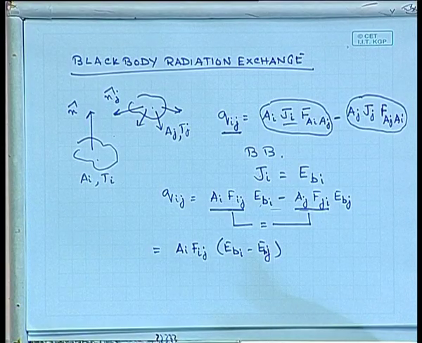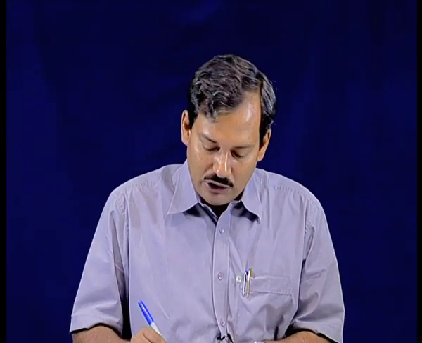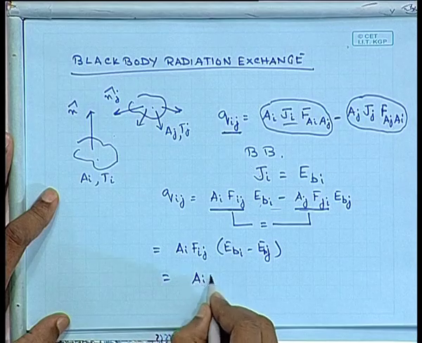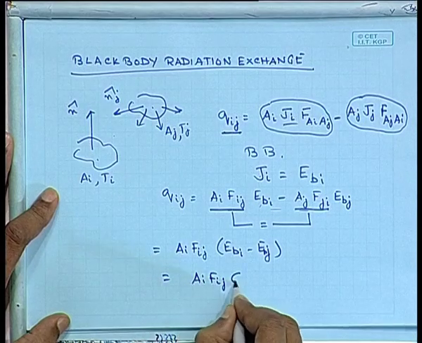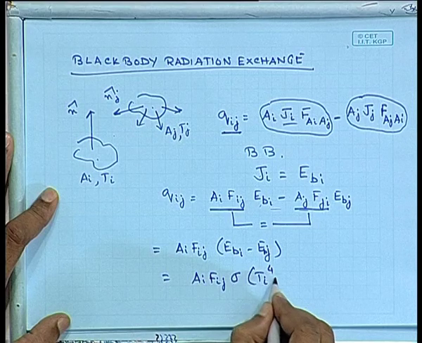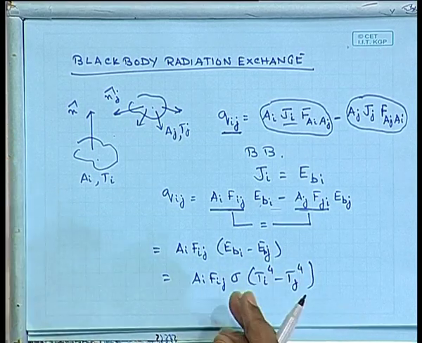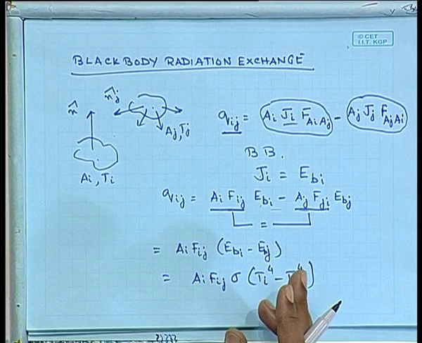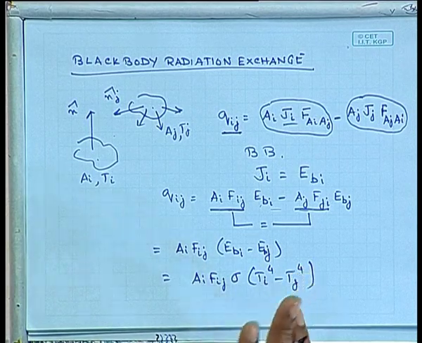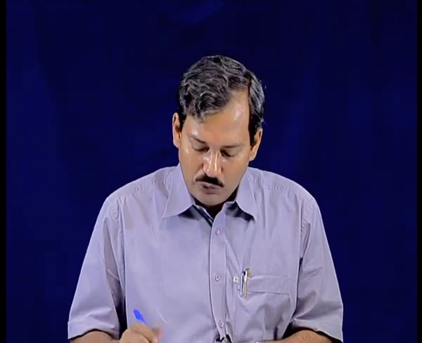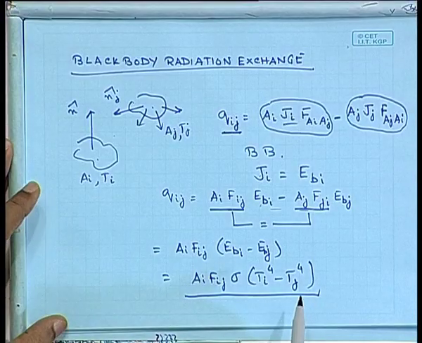Sigma T to the power 4, and obviously since it's a black body, no question of an epsilon. So this would simply be equal to Ai Fij sigma (Ti to the power 4 minus Tj to the power 4). So for two black bodies interacting with each other in terms of radiation, the net amount of heat transfer between the two surfaces or objects will be given by this formula.